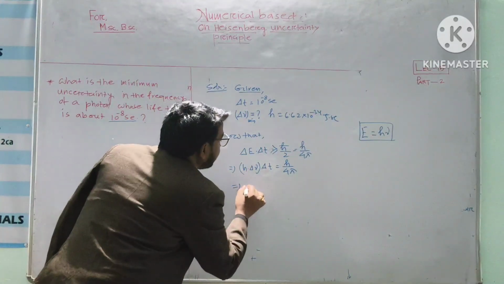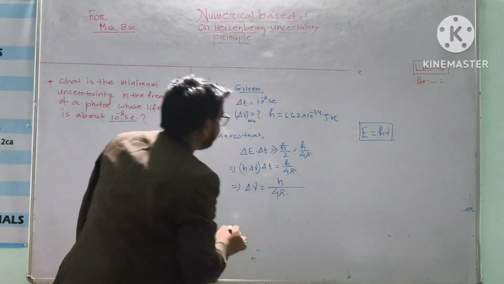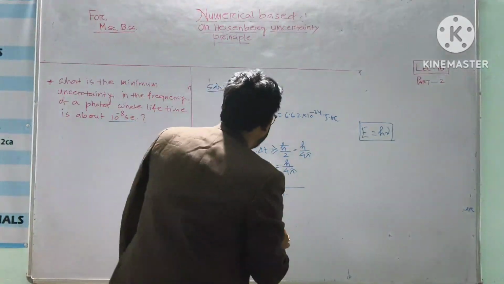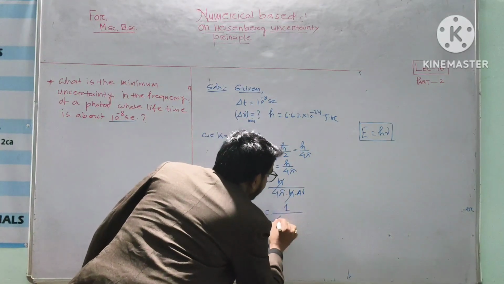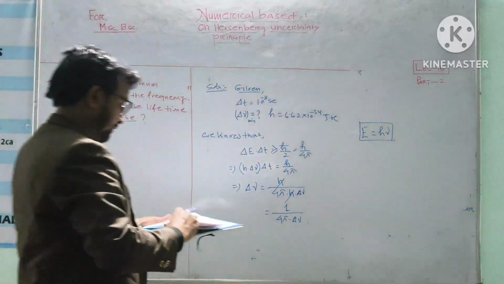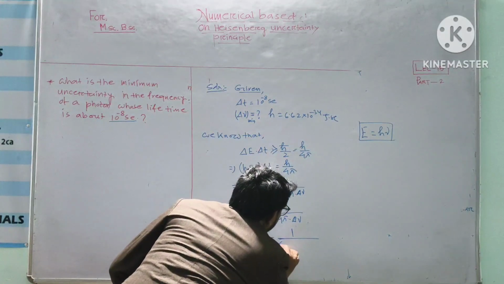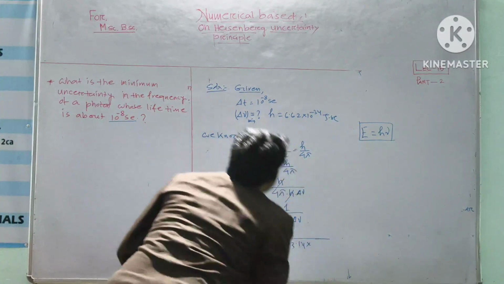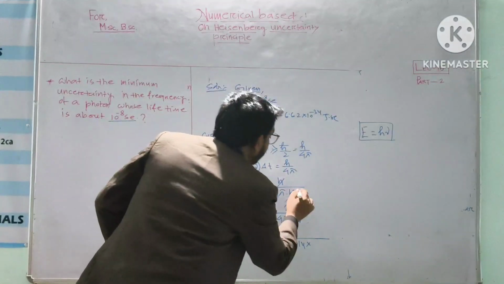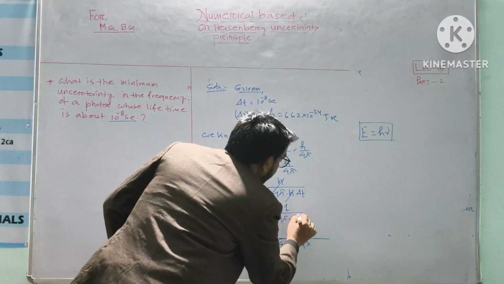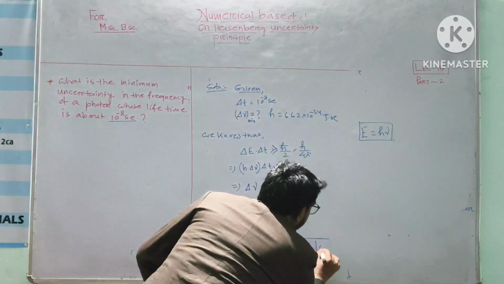So we can write delta nu equal h divided by 4 pi into h into delta T. The h and h cancel each other, so delta nu equals 1 by 4 pi into delta T. Putting in the value, 1 divided by 4 into 3.14 into delta T, where delta T equals 10 to the power minus 8.